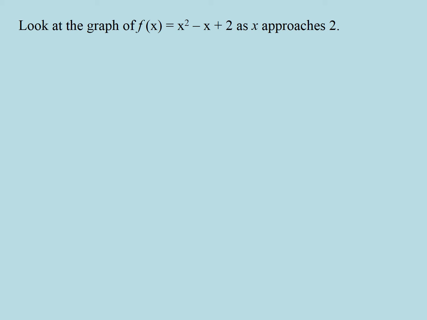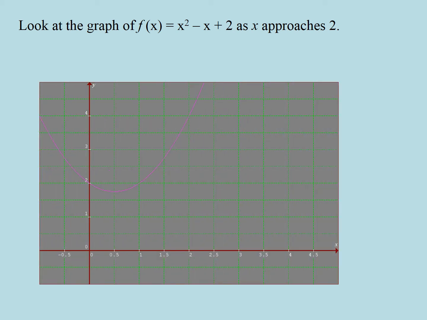Look at the graph of that function we just analyzed. Graphically, if we analyze this, as we approach 2 from the right, let's look at the y values. It appears that's approaching 4.